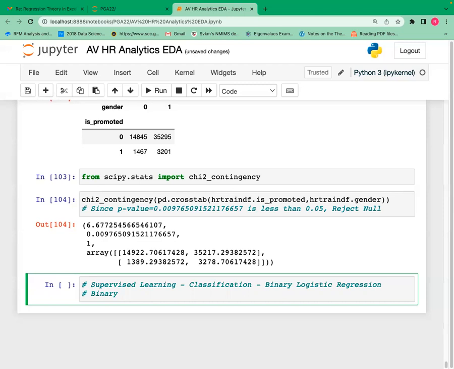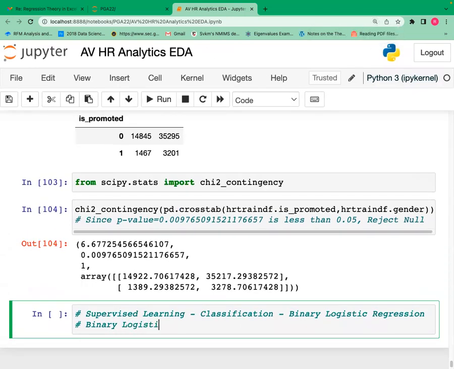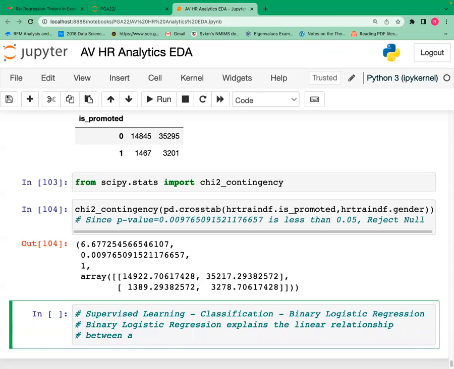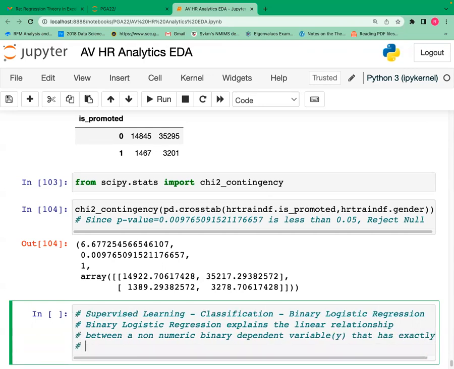Binary logistic regression explains the linear relationship between a binary dependent variable, a non-numeric binary dependent variable denoted by y that has exactly two levels or groups, like yes or no, and multiple independent variables.